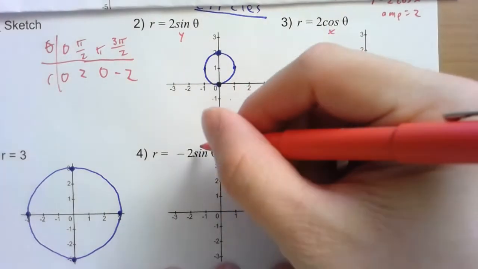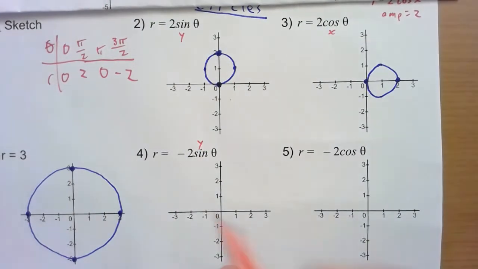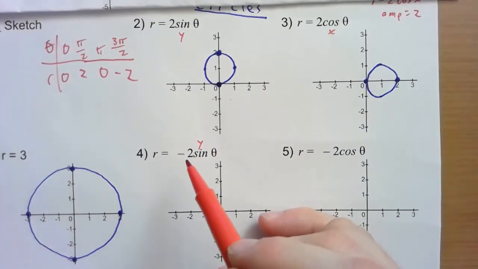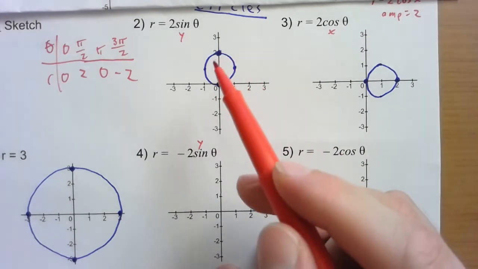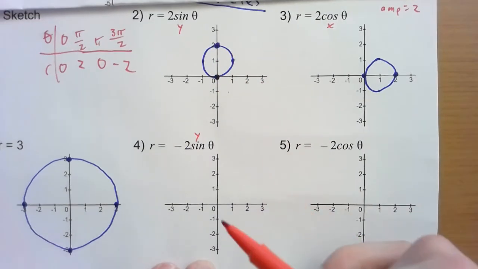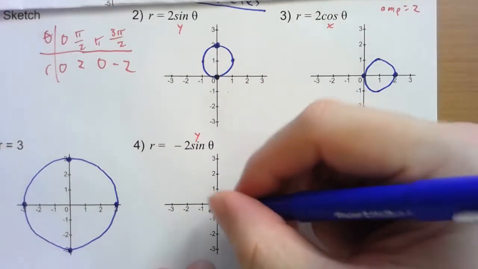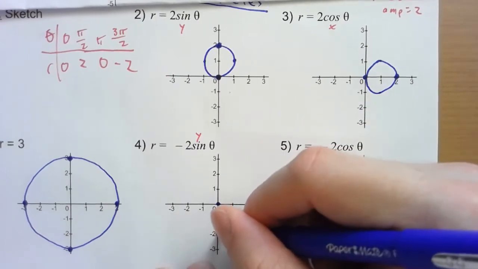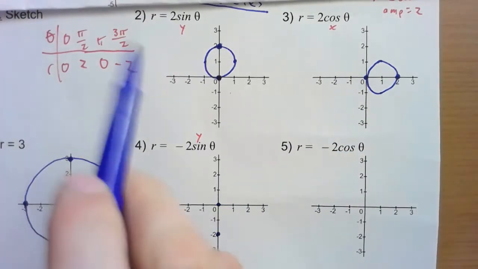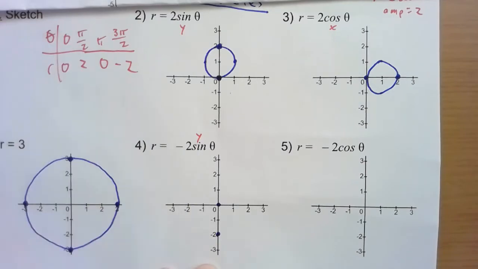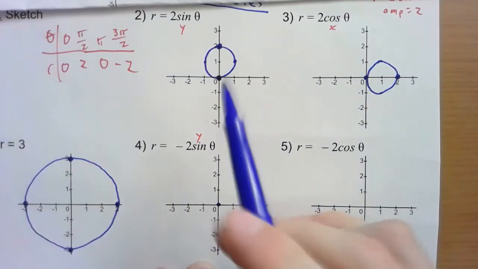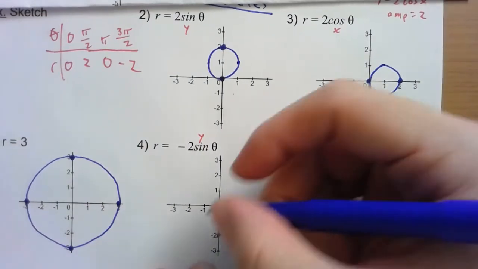Okay, this one we've got sine. Sine means it's going to be on the y-axis, but now because I have this -2, instead of being on the positive side of the y-axis, it's going to be on the negative side of the y-axis. It's going to go from here to here. Again, you could always do a table to figure out the endpoints of the diameter, but you can see it pretty easily looking at the equation.